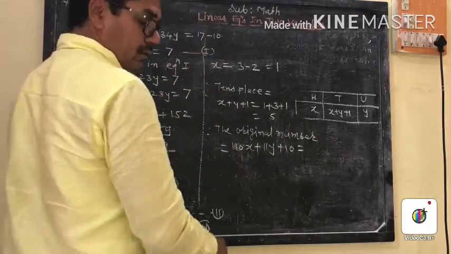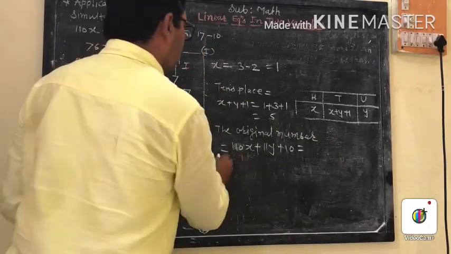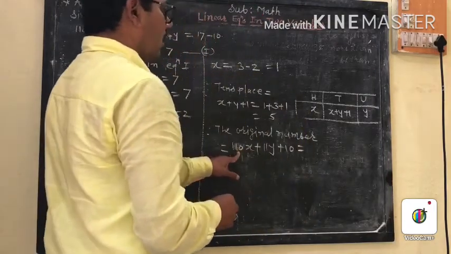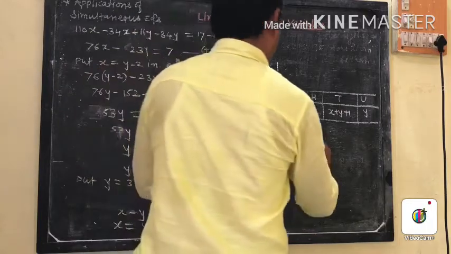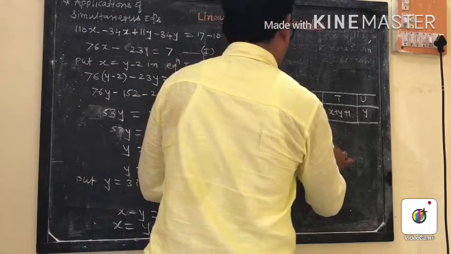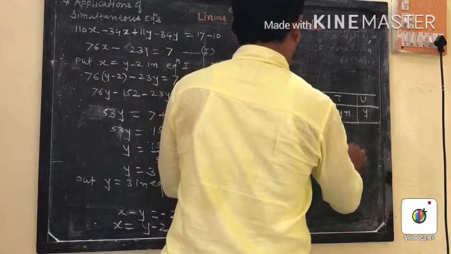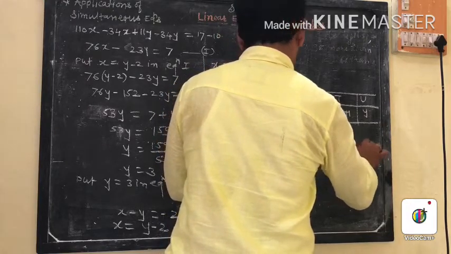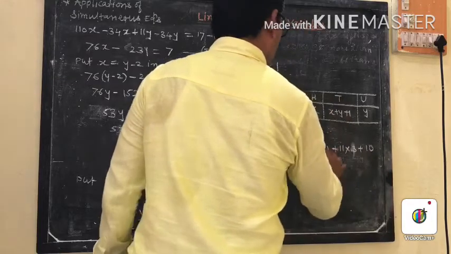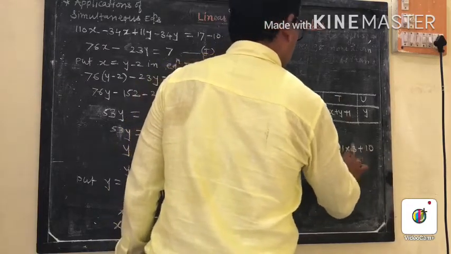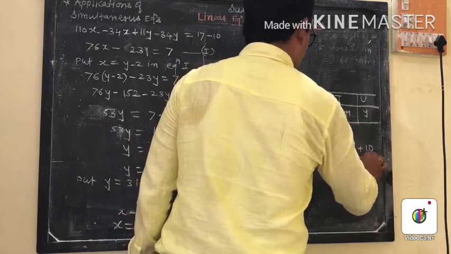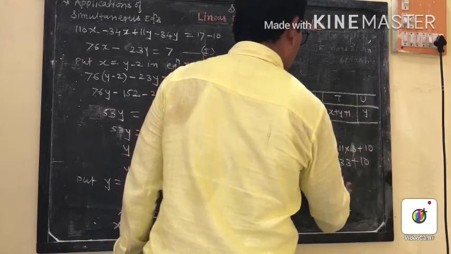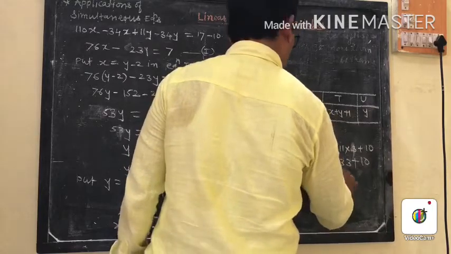Put the values here: 110 into x means 1, plus 11y means value of y is 3, plus 10. 133 plus 10 is equal to 153.